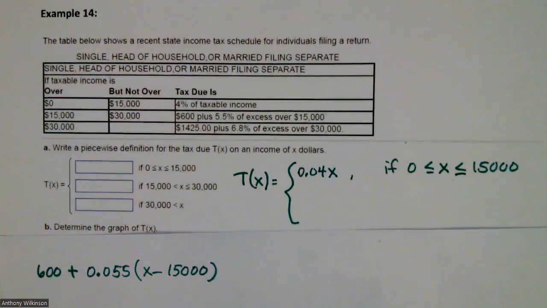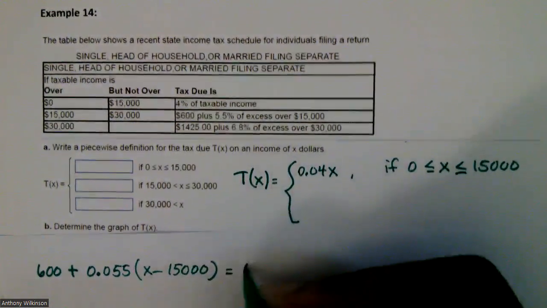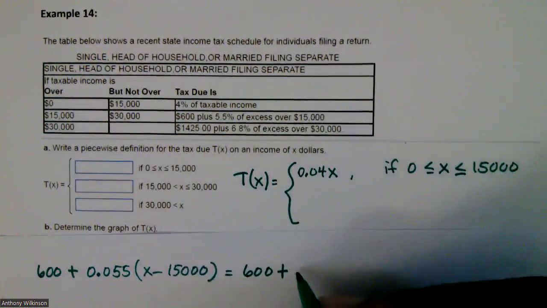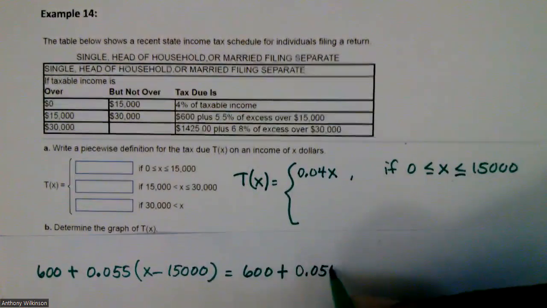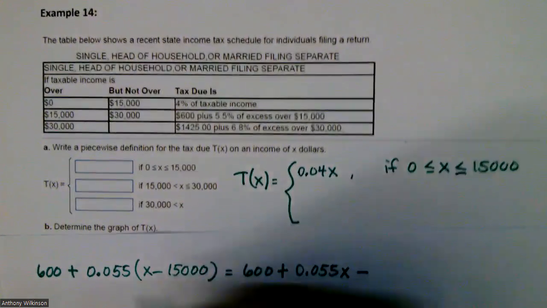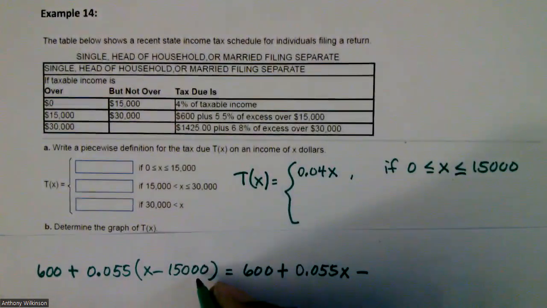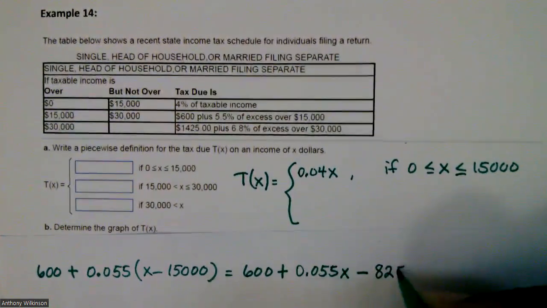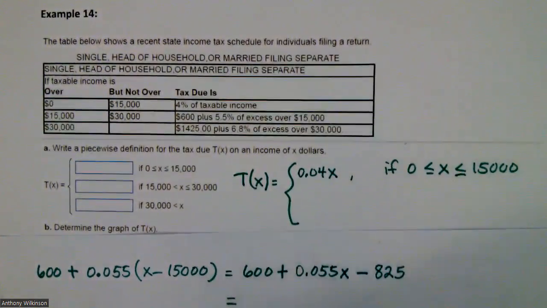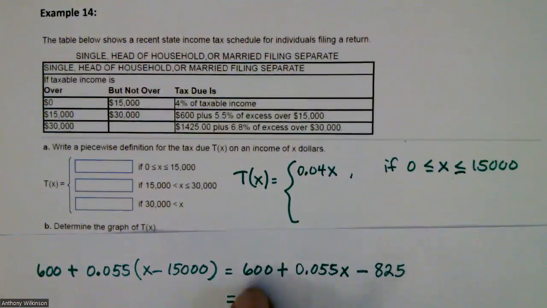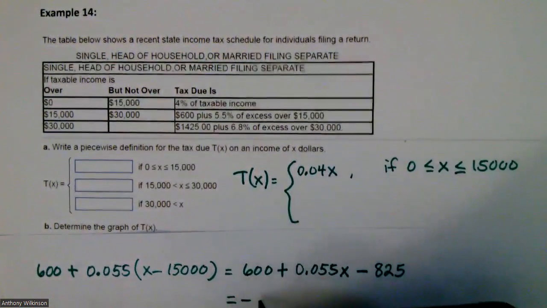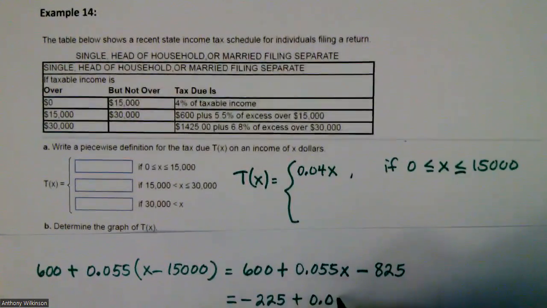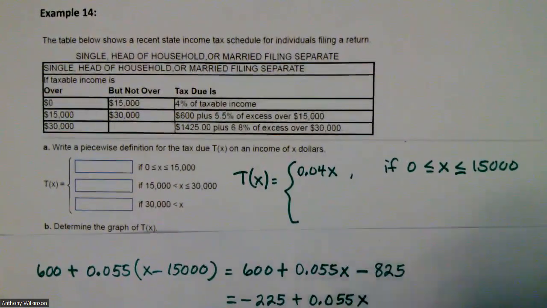Now let's do some algebra here. I got 600 plus 0.055 times x, which will be 0.055x, minus 0.055 times 15,000. If you do that in the calculator, you'll get 825. And then subtracting 825 from 600 gives negative 225, plus 0.055x.